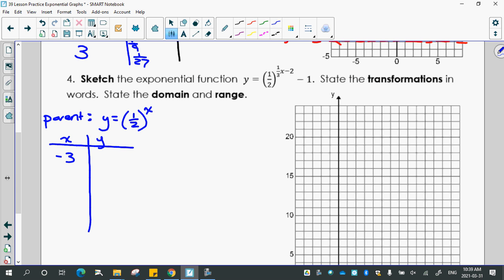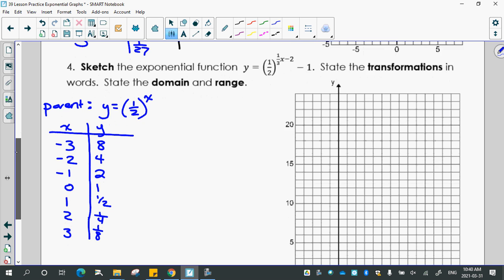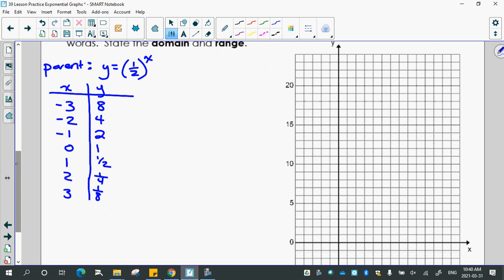So 1/2 to the -3 is 8. Yes? 1/2 to the -2 is 4. 1/2 to the -1 is 2. 1/2 to the 0 is 1. 1/2 to the 1 is 1/2. 1/2 to the 2 is 1/4. And 1/2 to the 3 is 1/8. Okay, so let's plot those on.